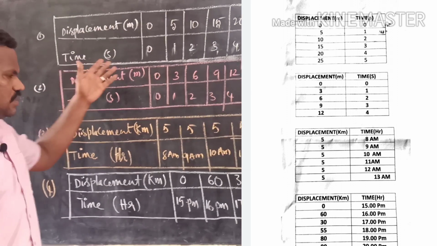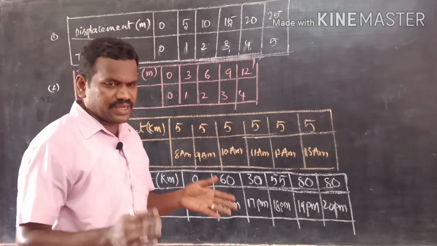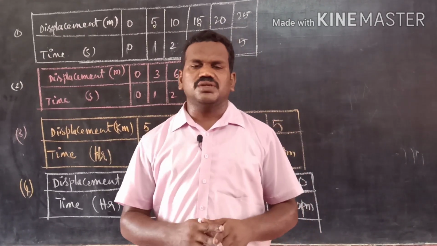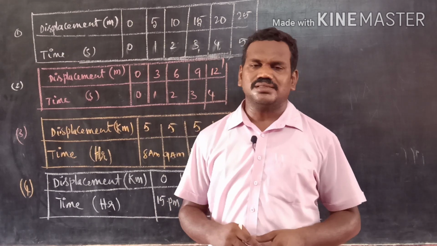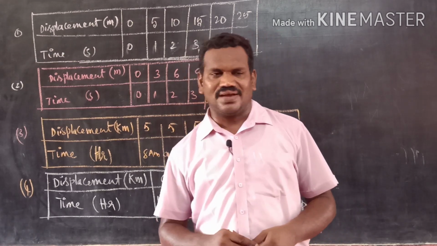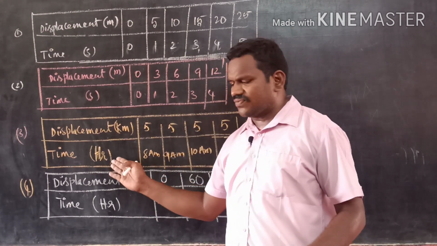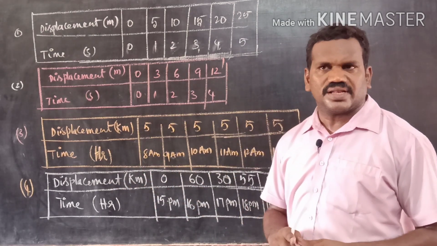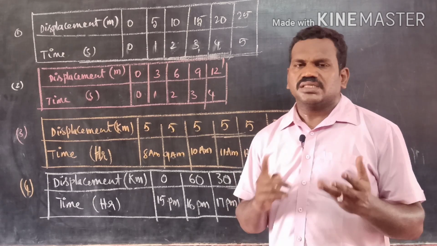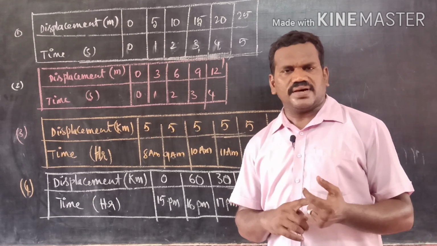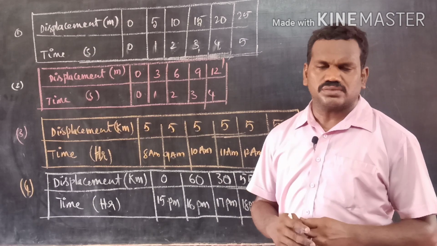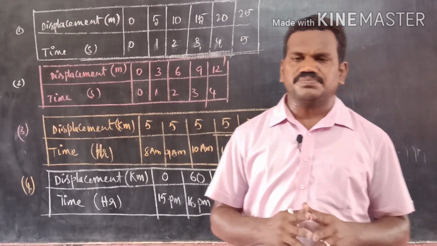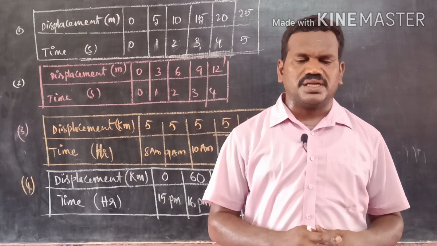Whatever it may be, meters, kilometers, centimeters, these are all units of displacement as well as distance travelled. For time, second, minute, hours are the units. For example, say a car is travelling from one place to another, from Nellore to Bengaluru.